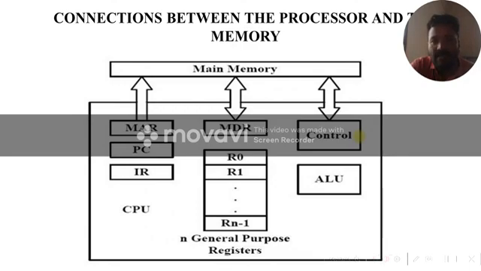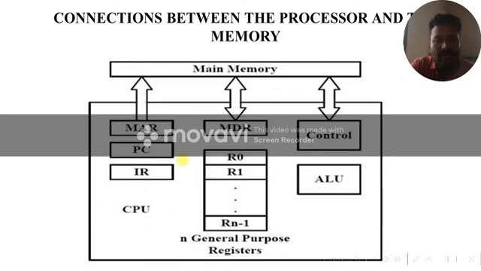First of all, we are seeing the concept called main memory. It is the CPU memory. It forms the first part of any kind of memory. Next one is MAR, the memory address register. PC is the program counter and IR is the instruction register. These are all present in the CPU, that is the central processing unit.